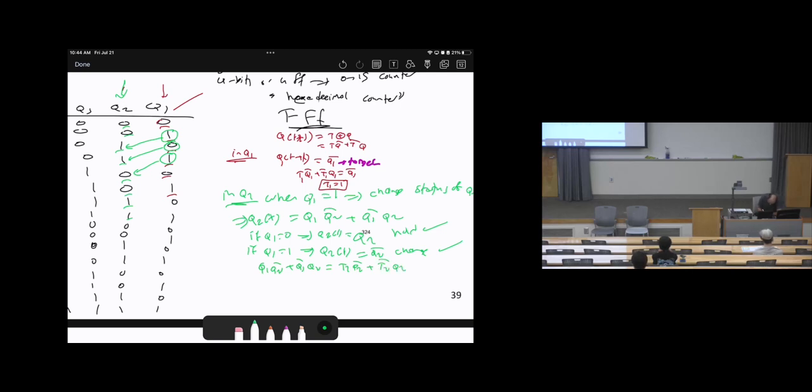Then we realize that we can say T2 is equal to Q1. Do you agree with me? So the second one, done.